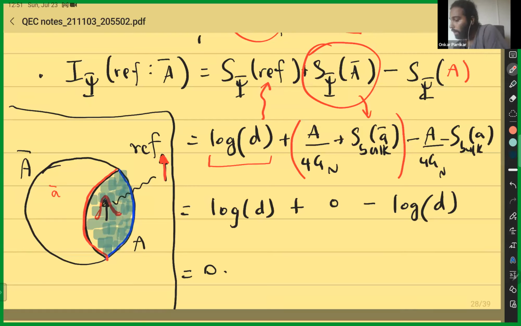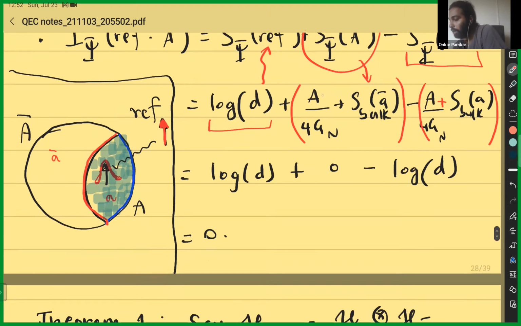And then for the entanglement of A, I again use the Ryu-Takayanagi formula. This is again A over 4G Newton plus the bulk entanglement in the entanglement wedge of A, so in the shaded region. As you can see, the area terms cancel out.